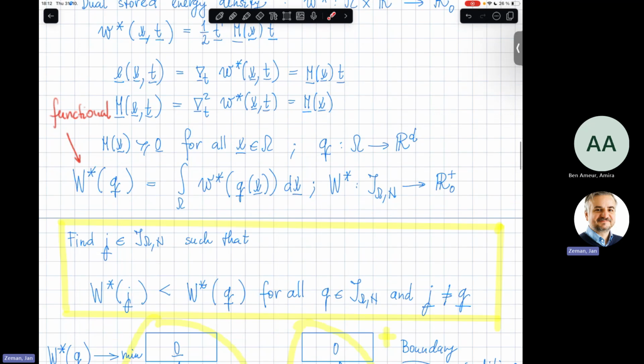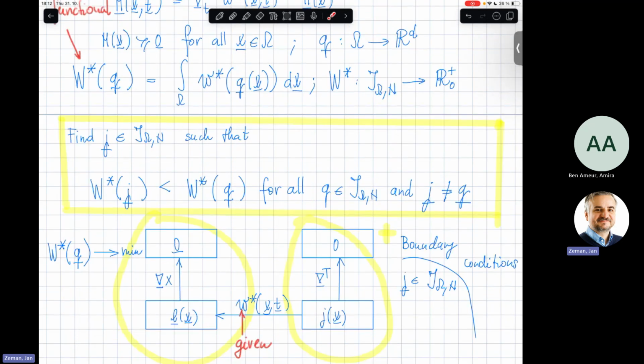Hence I'm saying that from all admissible distributions of these vector fields, which are source-free and satisfy the corresponding boundary conditions, I actually have to minimize the energy which is stored in the whole body, but this time this is the complementary energy.